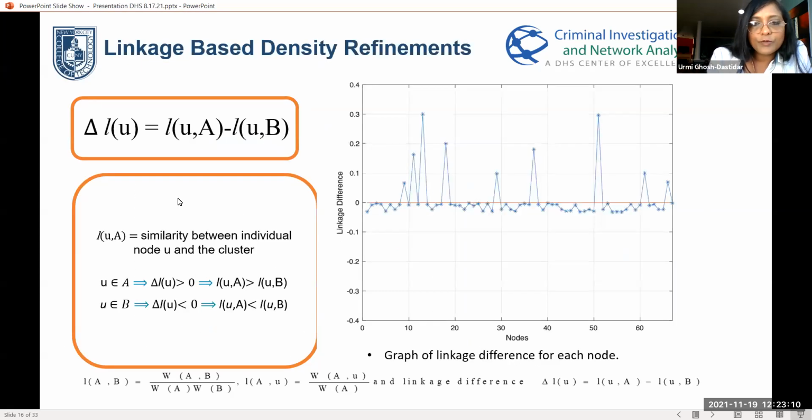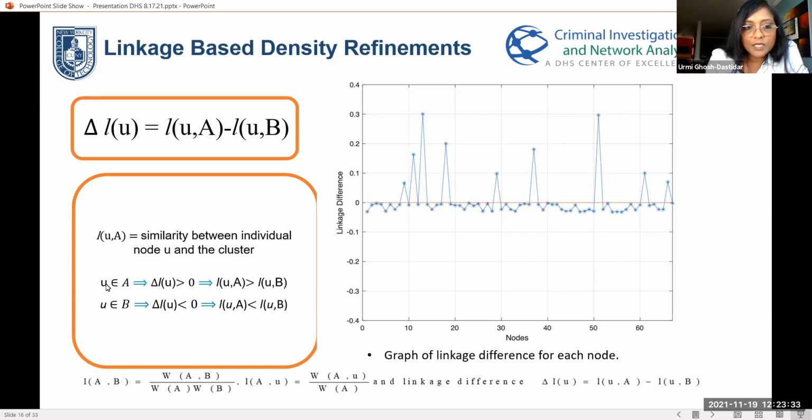And then we used a linkage-based density refinement technique to see whether we can improve the MCAT objective function value. What the linkage-based refinement technique does is look at the similarity between an individual node U and the cluster.